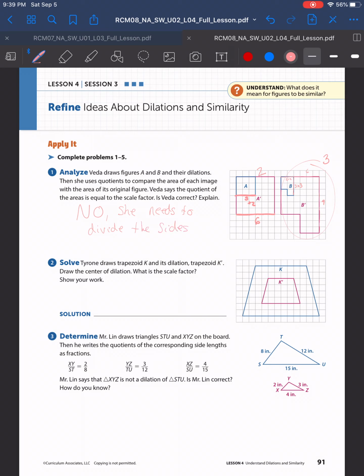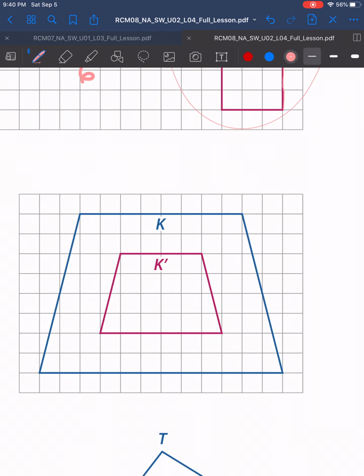Okay, number 2, Tyrone draws trapezoid K and then its dilation, trapezoid K prime. Draw the center of dilation. What is the scale factor? Okay, remember center of dilation says that I can draw a ray through all of these, I should be able to draw a ray and it goes right through this, right?